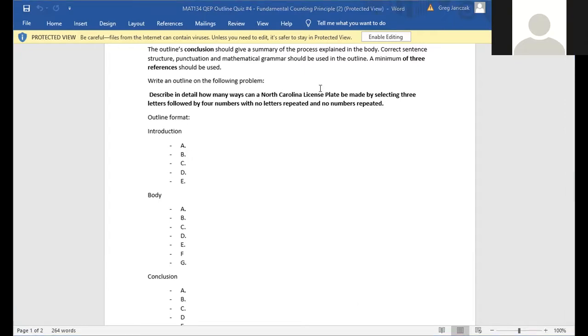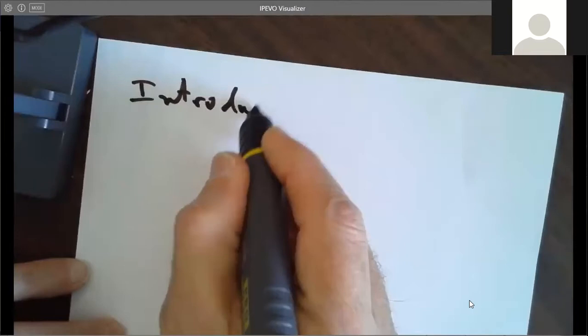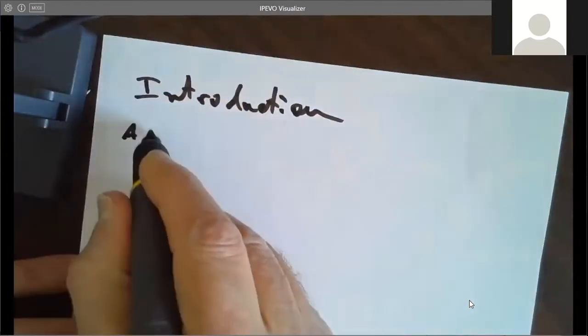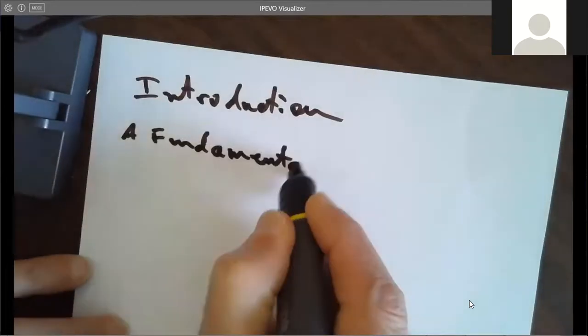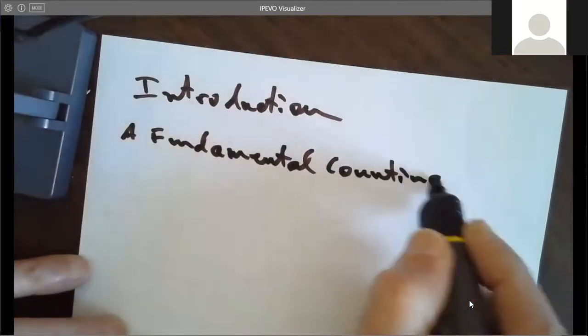So in the introduction, you could have the fundamental counting principle.